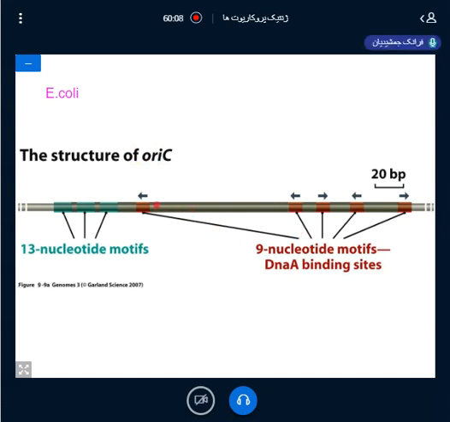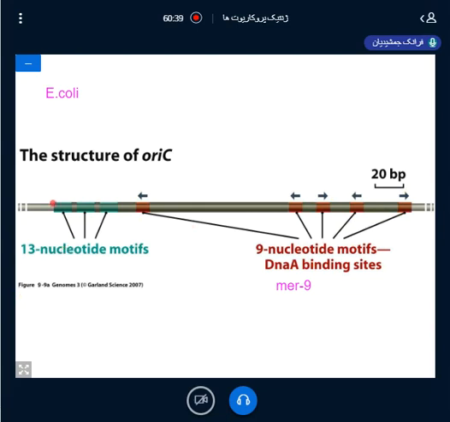Listen. We have 5 motifs. We call it the 9-nucleotide motif, or 9-mer, which means 9 nucleotides.